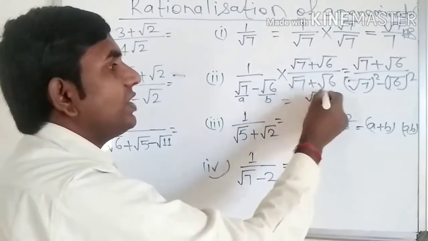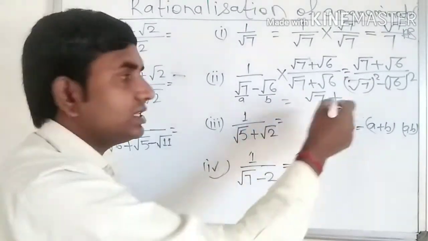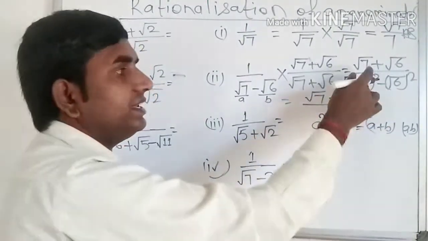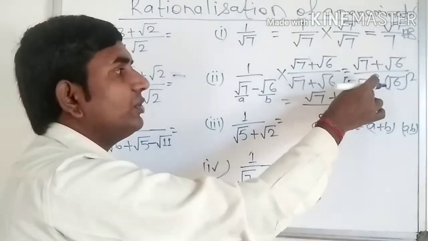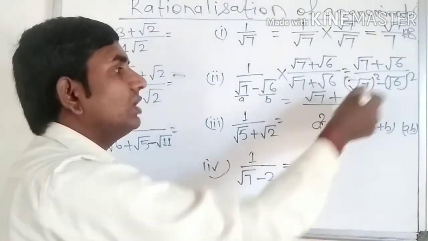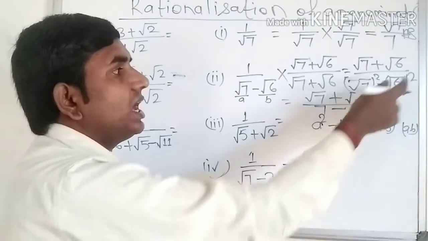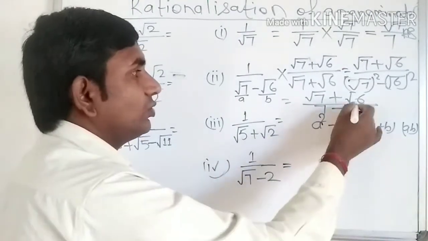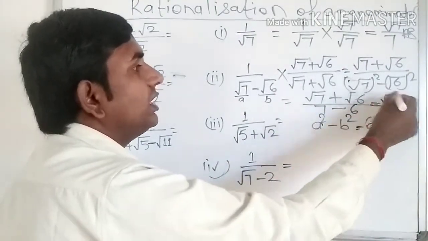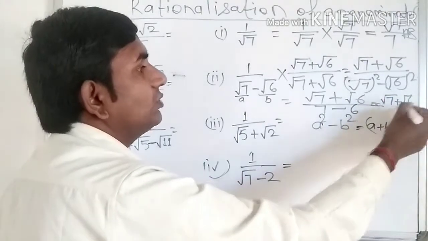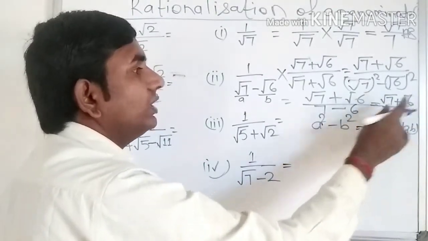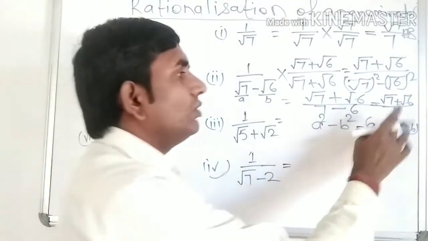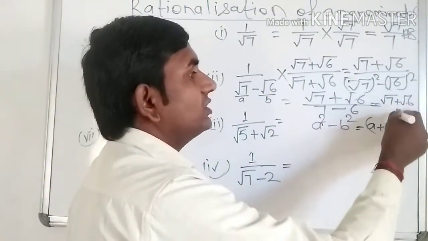After solving, we have root 7 plus root 6 by, the square of root 7 is 7, and the square of root 6 is 6. Then we have root 7 plus root 6 by 1. We have no need to write 1 as a denominator, so it's our answer.